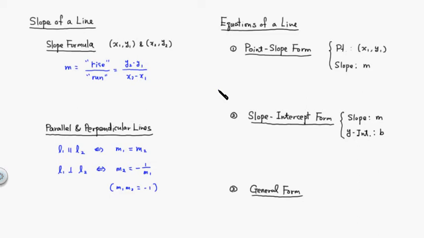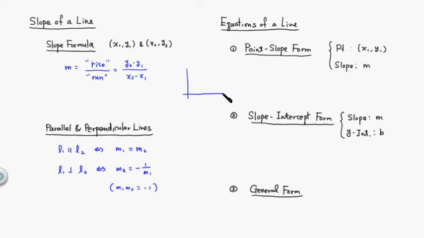Once you have the slope formula, we can easily come up with equations of a line. The first form is called point-slope form. Let's say you have a point given on the line, x1, y1. Let's draw a small picture here.